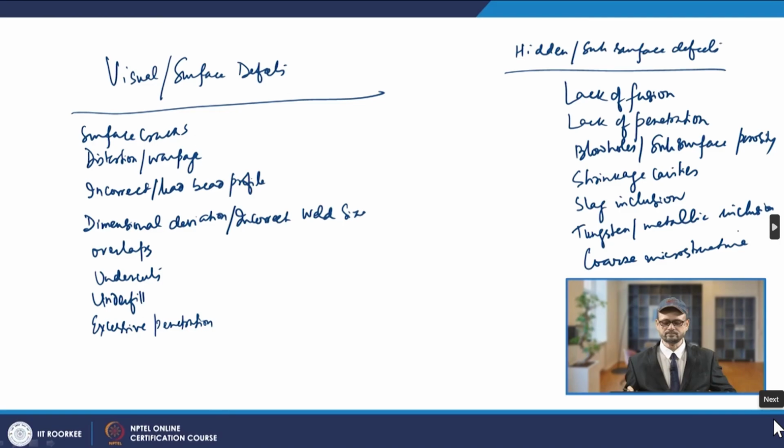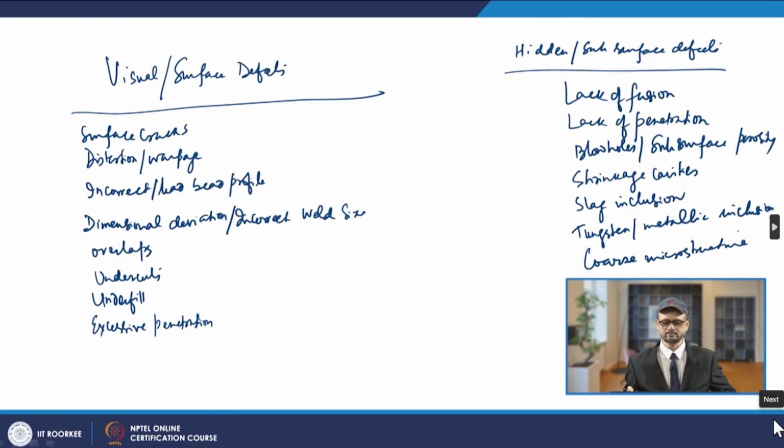Visible defects include surface cracks, deformations, warping, incorrect bead profile, dimensional inaccuracies, overlaps, undercuts, underfill, and excessive penetration.